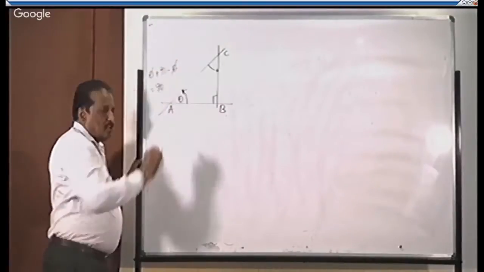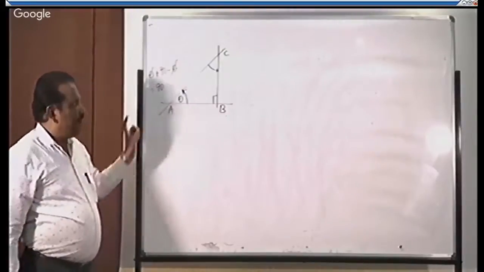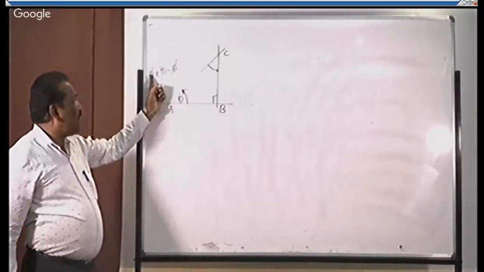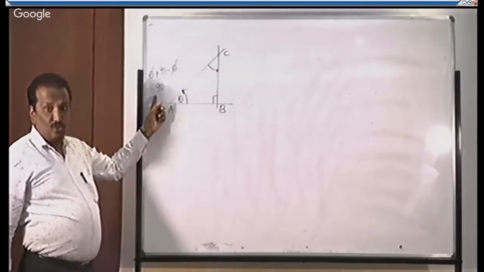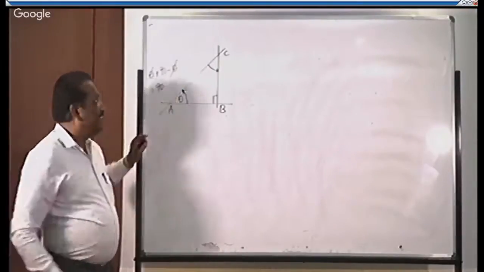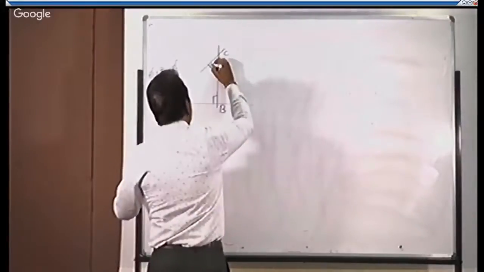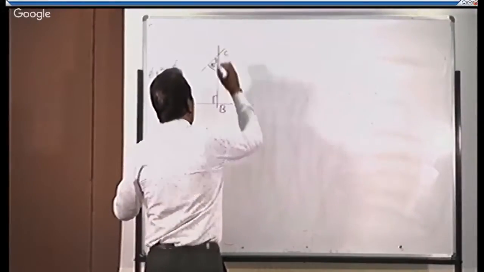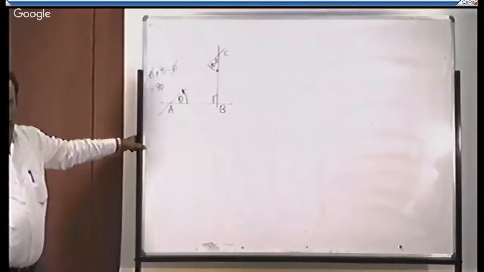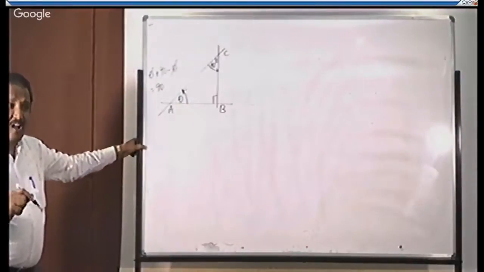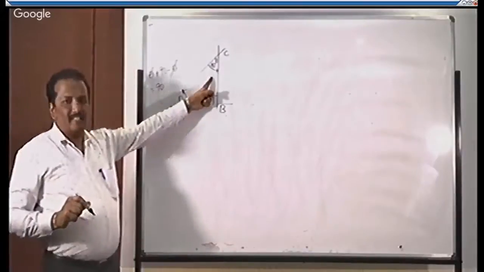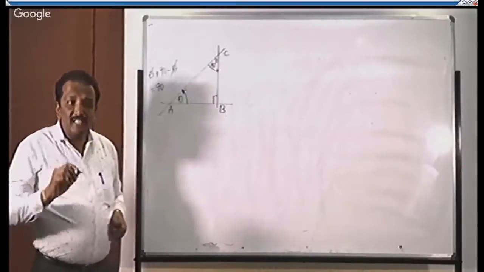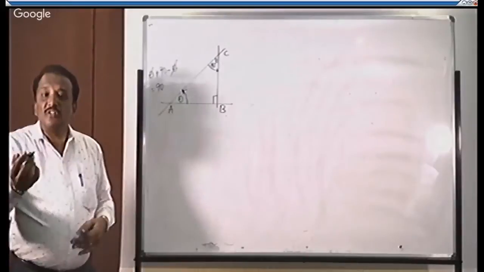In any right angle triangle, except the right angle, the sum of the other two angles must give 90. With respect to that convention, this angle is 90 minus theta. Now we are connecting all the trigonometric functions for 90 minus theta and expressing those angles in terms of theta.